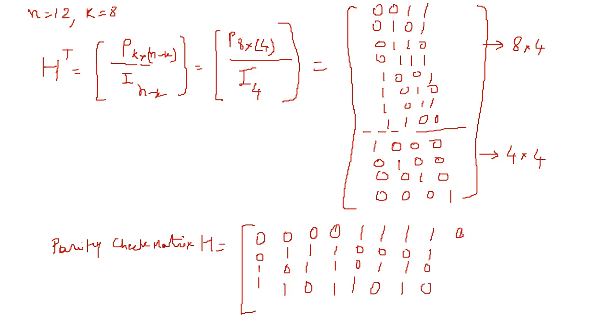Then you have 1 0 0 0, 0 1 0 0, 0 0 1 0, 0 0 0 1. So this is the parity check matrix for the given problem. Next we'll see how to write the generator matrix.